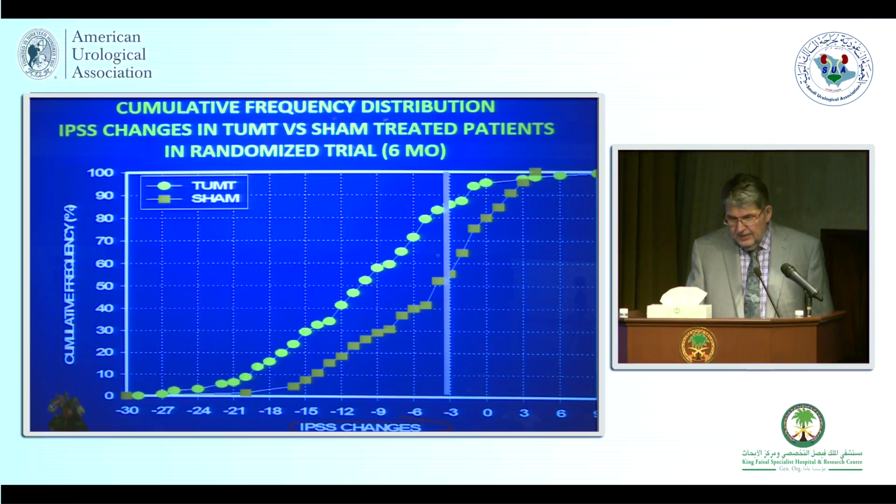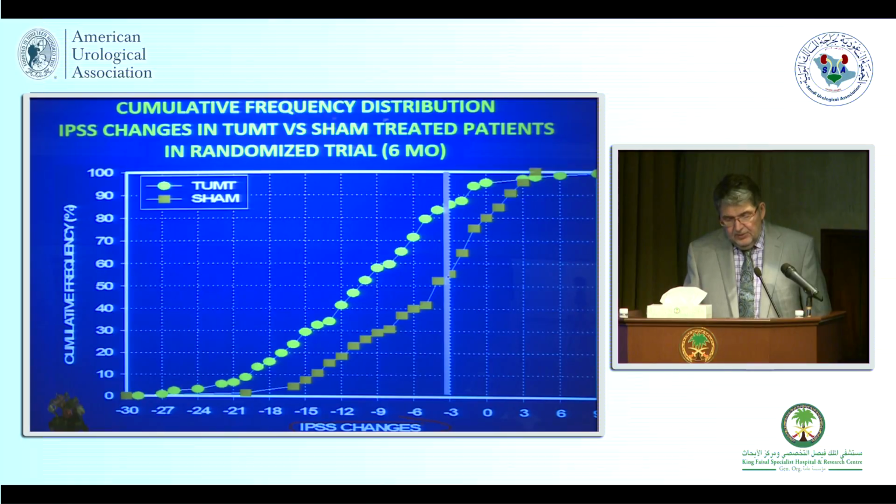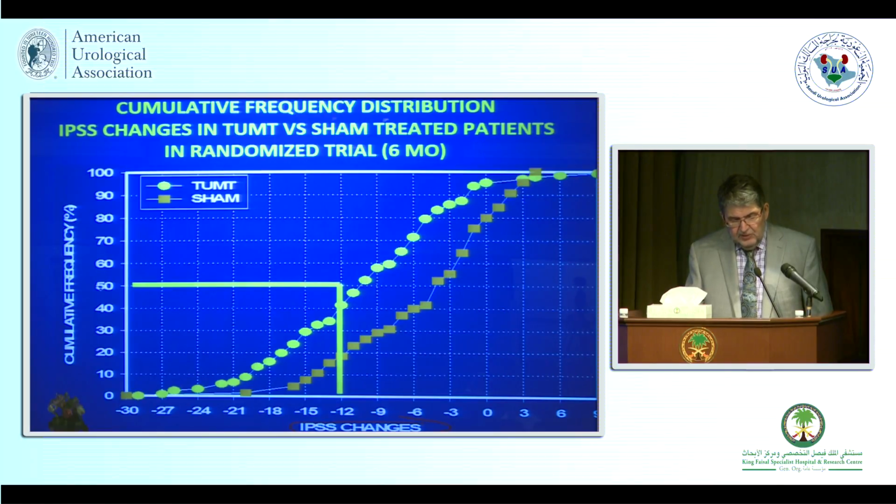You can see that with the TUMT treatment, it's about 85% of patients who achieve that, but in the sham treatment, it's 55%.